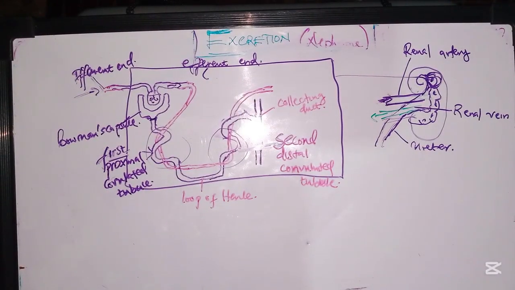So now that we have talked and understood how a nephron looks, we are going to look at how the kidney works. Whenever we are talking about how the kidney works, you should be thinking about a nephron. So how does the kidney work? We know that the kidney is an excretory organ, meaning when it's working for excretion, it excretes what?